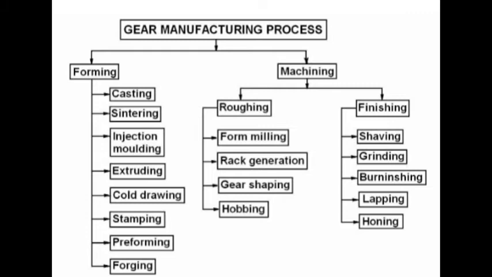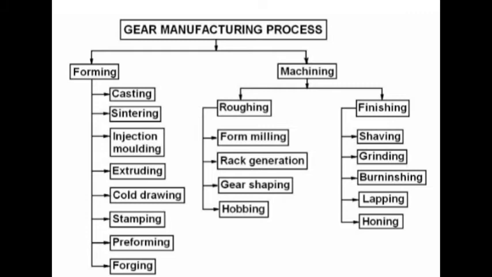And coming to the machining of gears, we have roughing operations and finishing operations. In rough machining operations, we can make gears by form milling, rack generation, gear shaping, and hobbing operations.